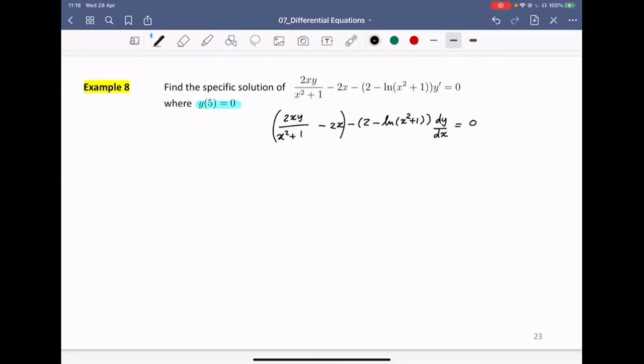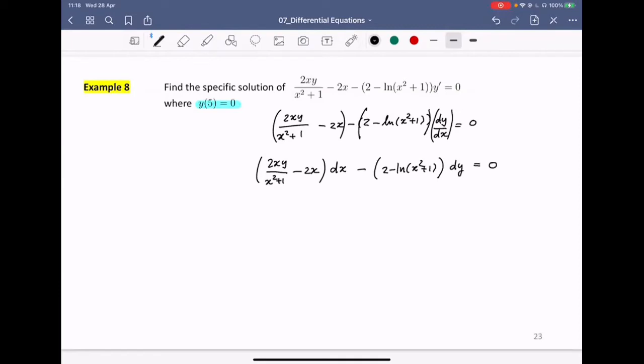I put parentheses here to make it easier. I multiply by dx, so I get 2xy over x squared plus 1 minus 2x dx, and then minus 2 minus log of x squared plus 1 dy.